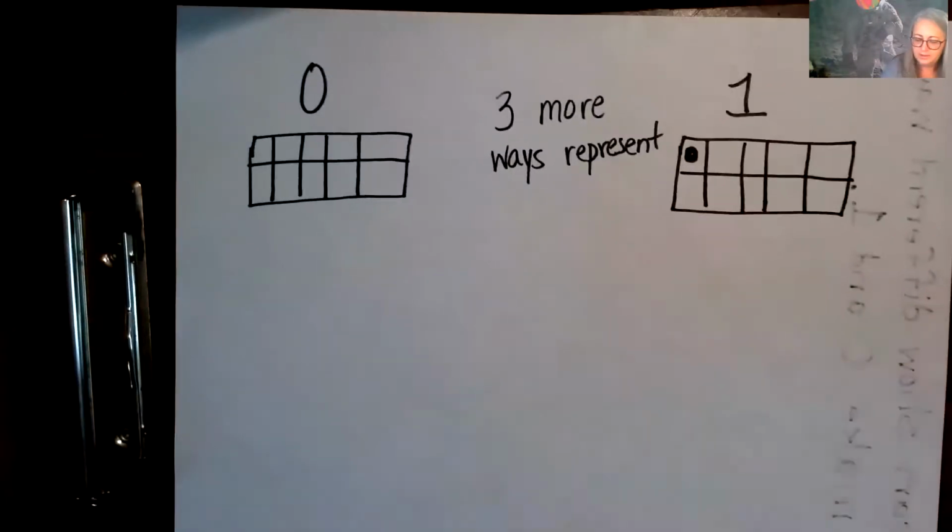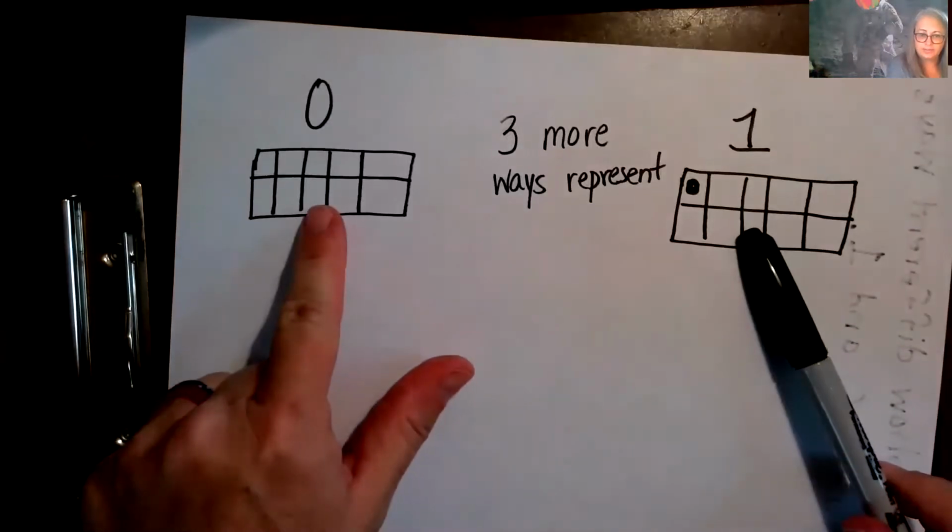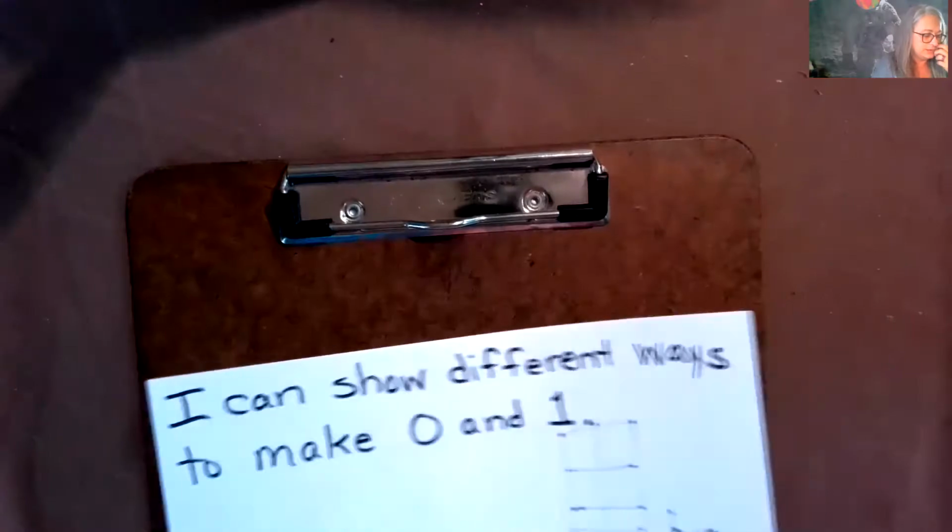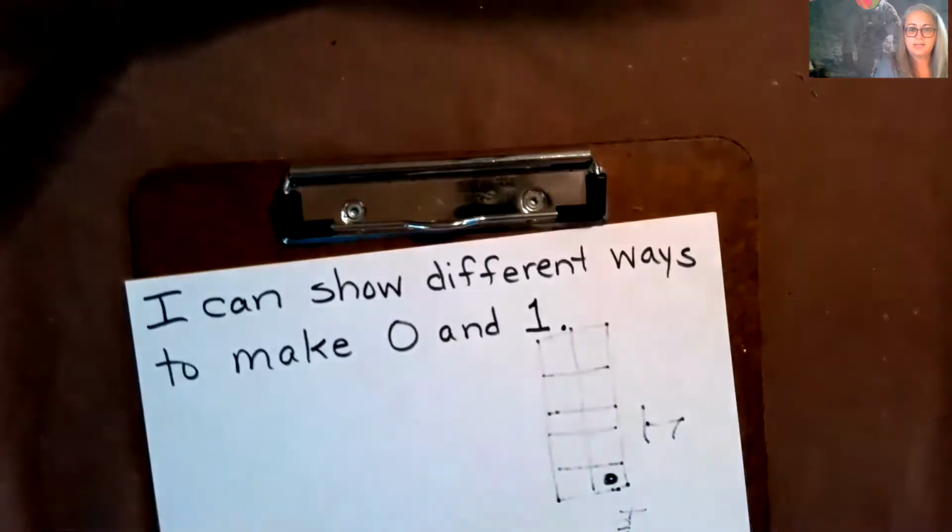Okay. So that's what I need you to do on your own after we get done with this video, is show me. You can go ahead and do like we did in class together. And now go 3 other ways to represent the numbers 0 and 1. Remember we talked about we need to do our I can statements.